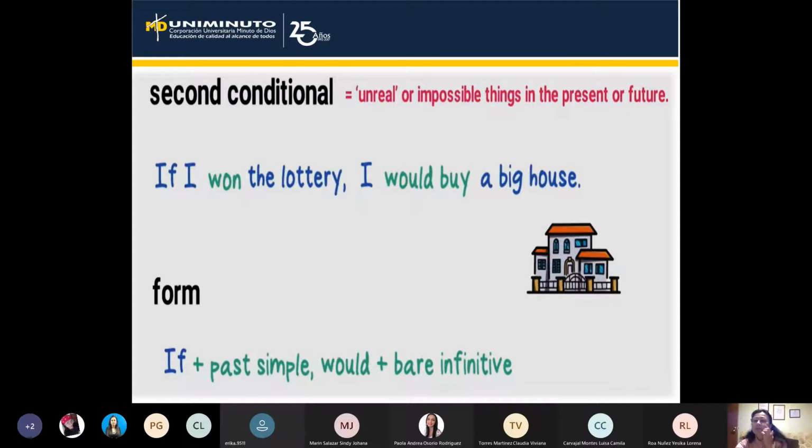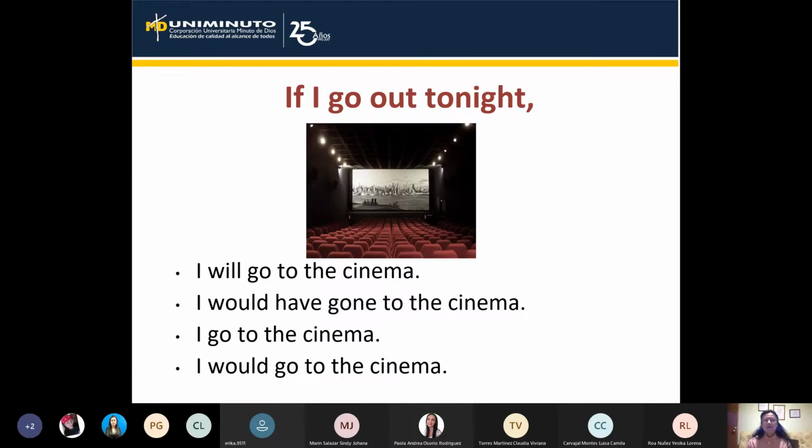So, hello, Claudia Sanabria. Now, here we have a conditional sentence. And here, as you can see, is in present tense, no? If I go out tonight, no? You know what is go out, salir, no? What is the possible second part to complete this conditional sentence?